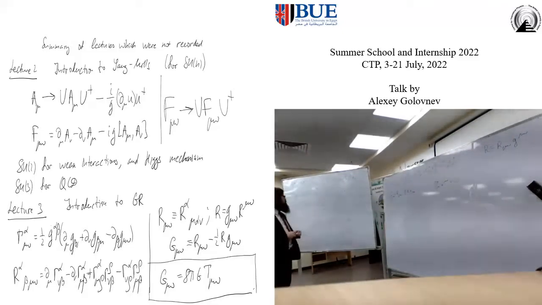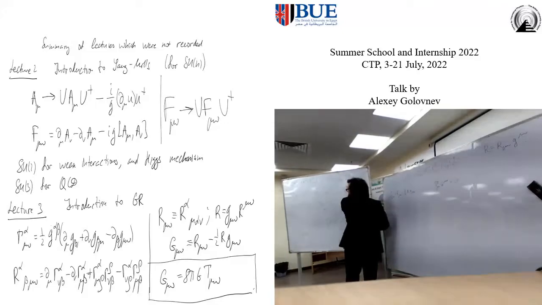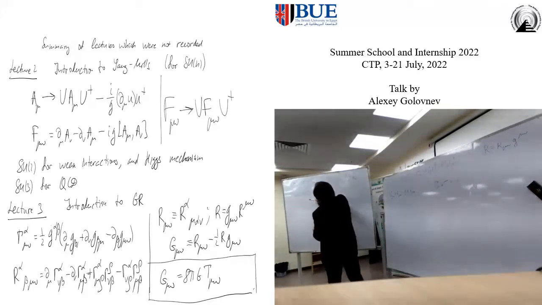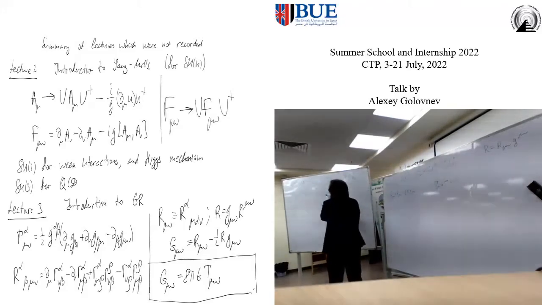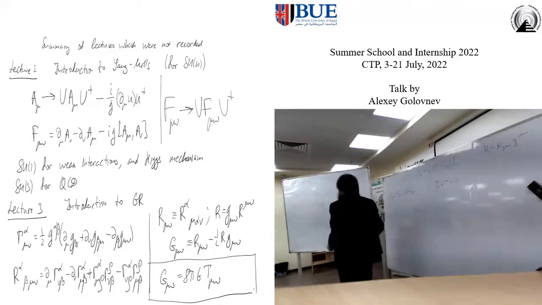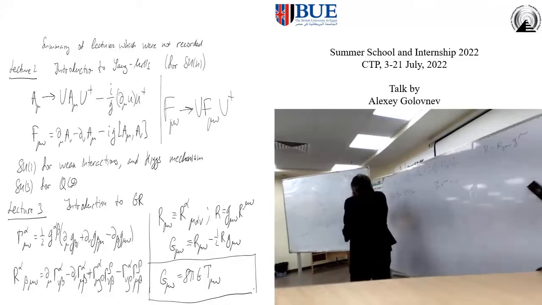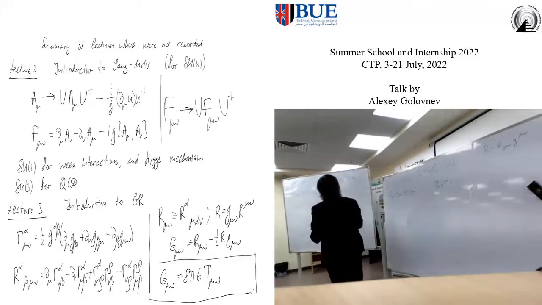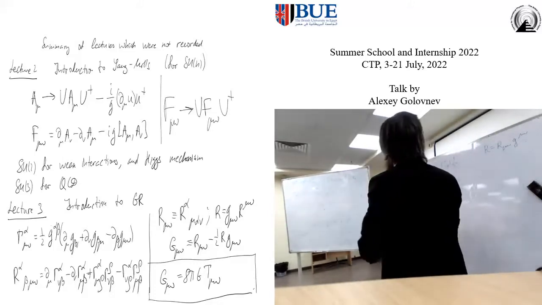Then what you have here looks very much like the field strength of Yang-Mills fields: partial connection minus partial connection plus the commutator of two matrices. So that's very similar to the usual Yang-Mills story. Okay, good. So that was the basic geometrical introduction.